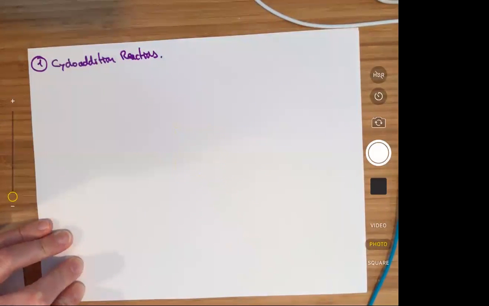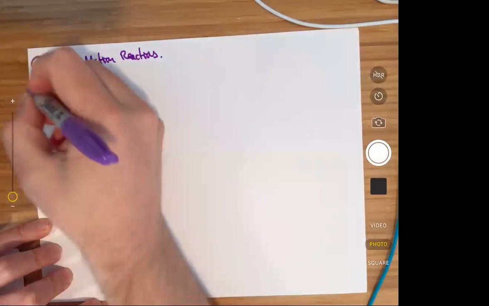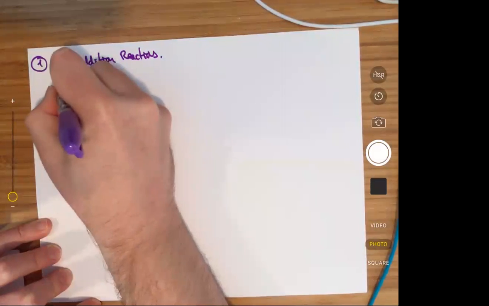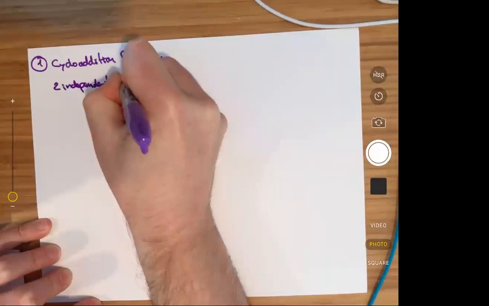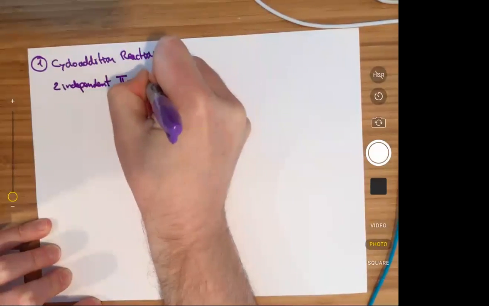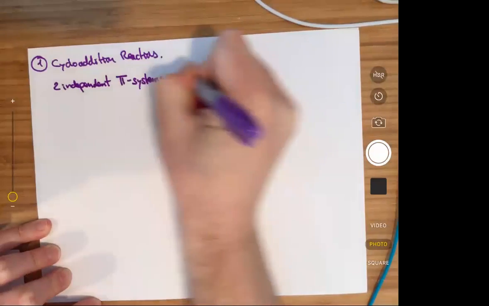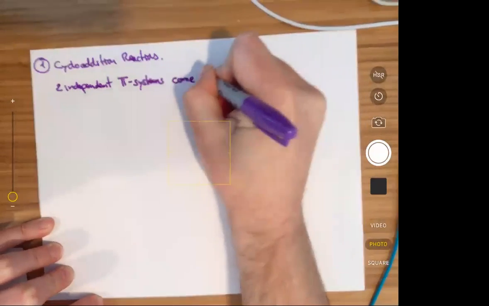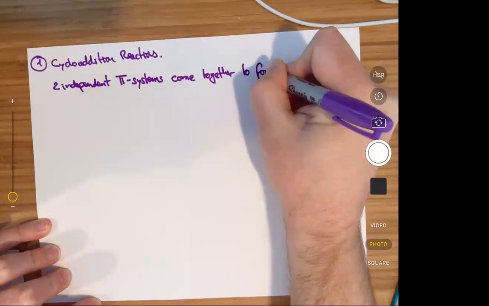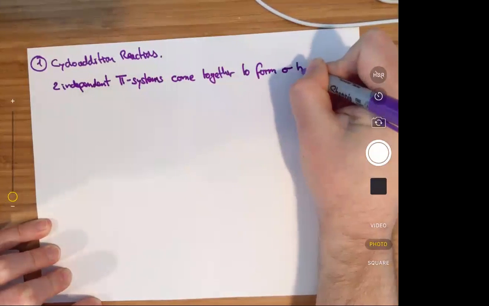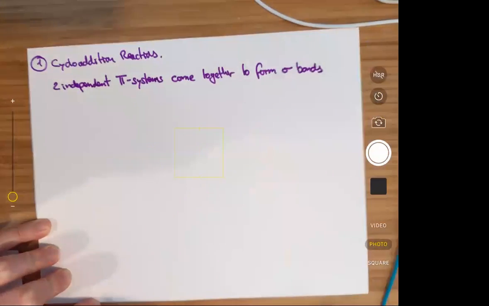Now, the critical feature of cycloaddition reactions is that you have 2 independent pi systems that come together to form new sigma bonds at the ends of these pi systems.